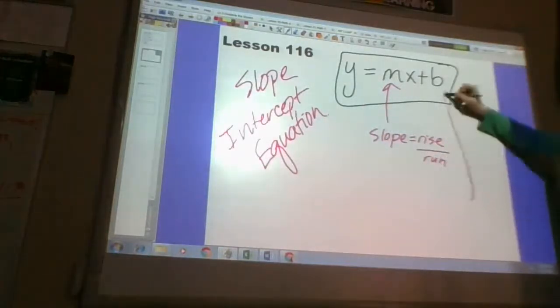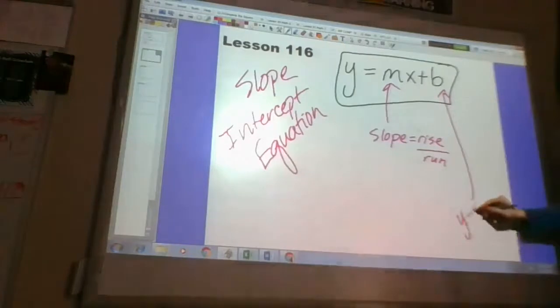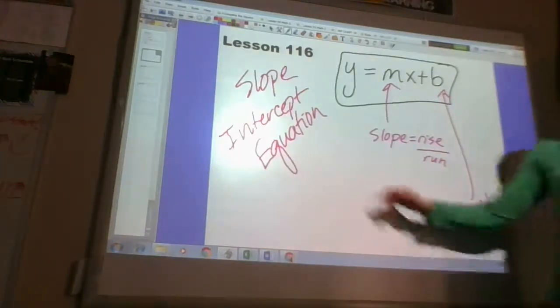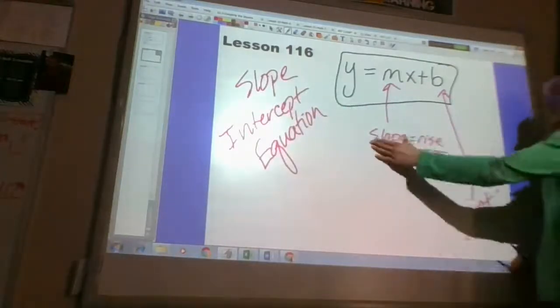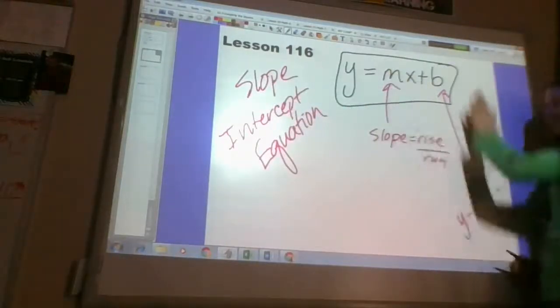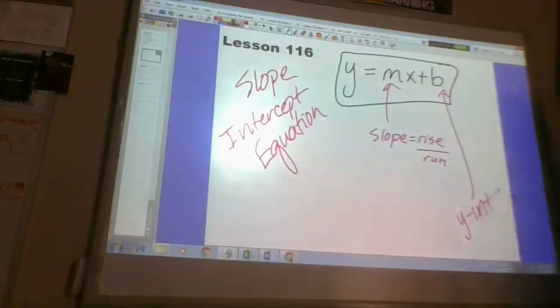The next thing, b stands for your y-intercept. That's why it's called slope-intercept form, because you are consistently finding the slope value, you're consistently finding the y value, and then you're able to graph. Now, I know some of you are probably like, well, what's a y-intercept?